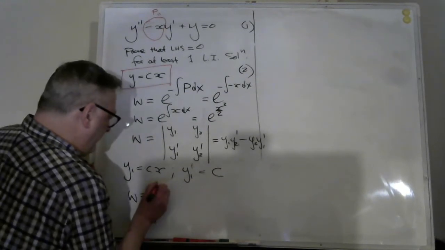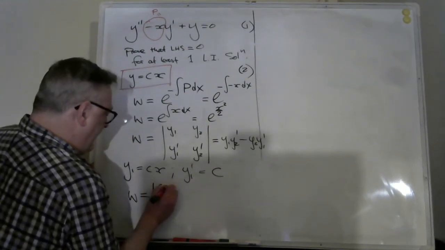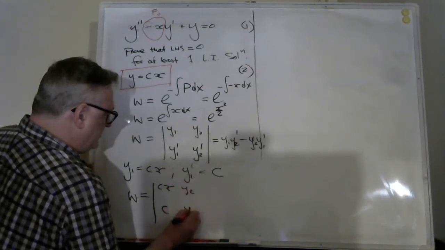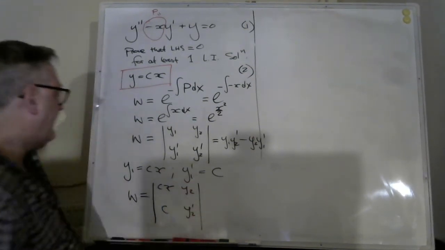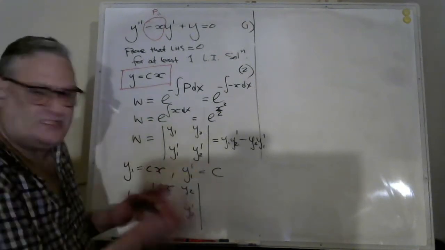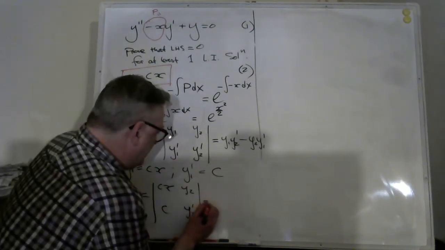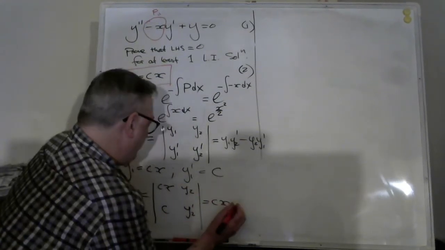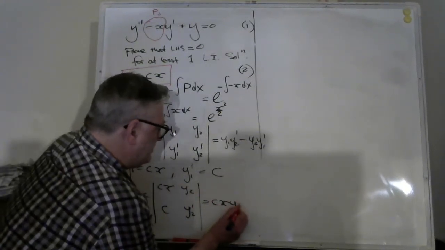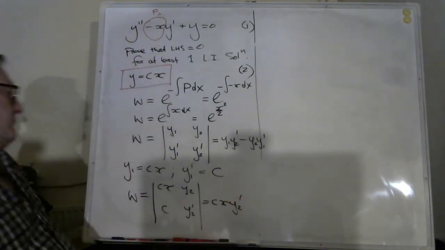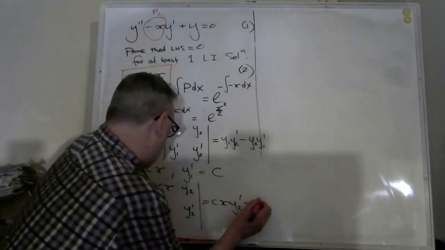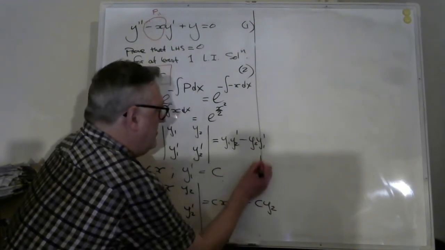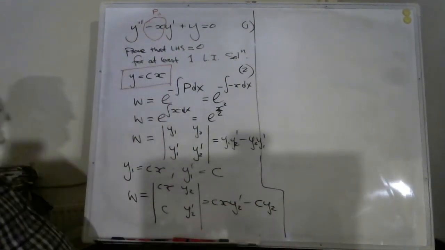There we are. So we've got y1, which is cx, c, y2, y2 prime. I've written it a little more compact so it doesn't take up as much space. And that's equal to cx times y2 prime minus cy2. And we'll just write that down there.